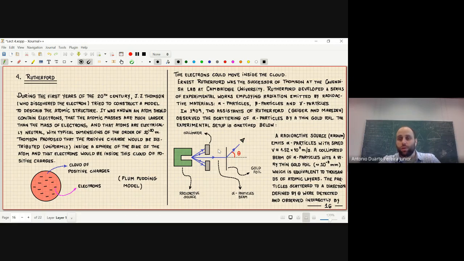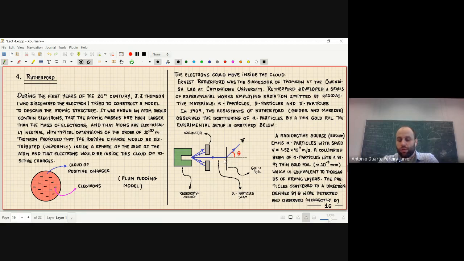And this was totally surprising because, as I said, this was a very thin layer of gold, and you had just electrons with very small masses compared with the mass of the alpha particles. And moreover, the positive charge of the atoms was uniformly distributed.